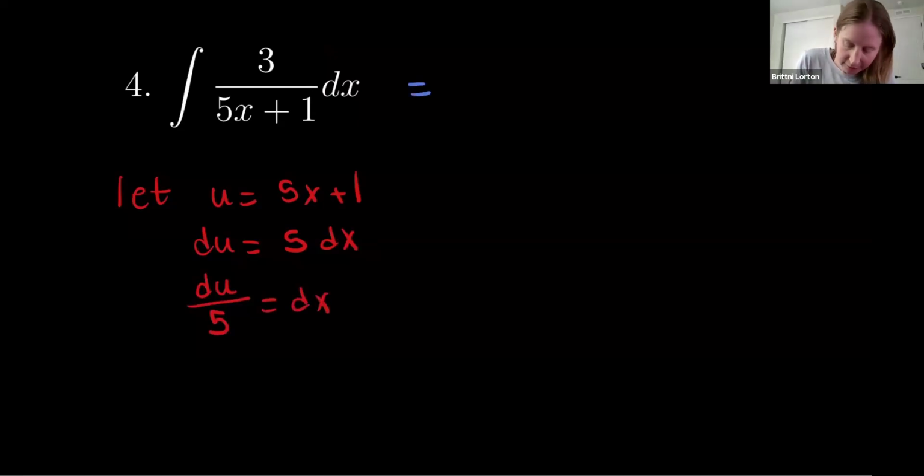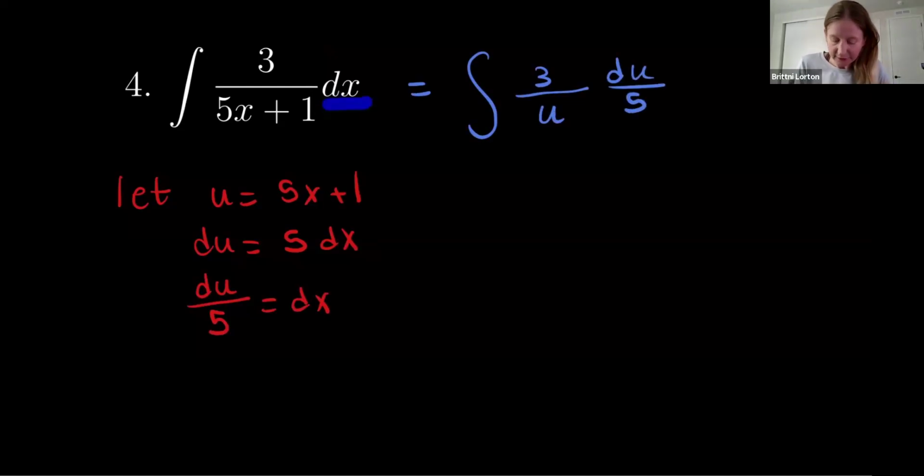And then when I go in and replace that into my integrand, I'll get the integral of 3 over u, and instead of a dx, I have a du divided by 5. All right, and then in this case, I'm going to show a little bit more work, just to simplify it.